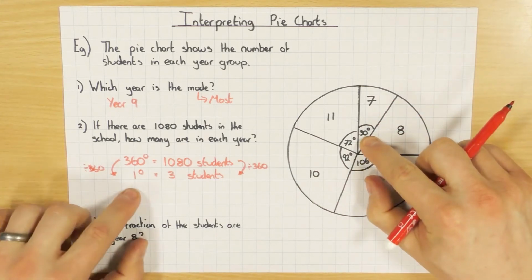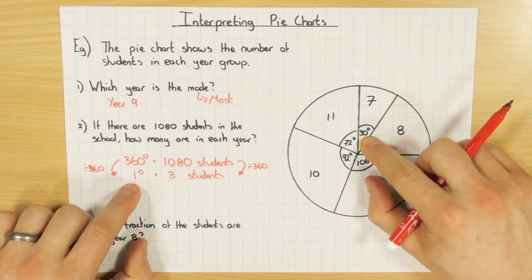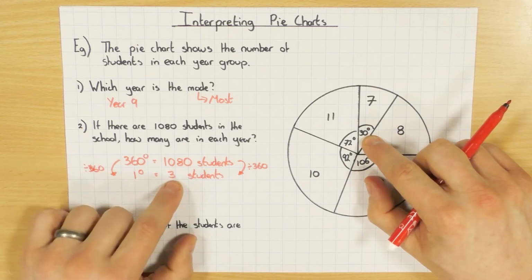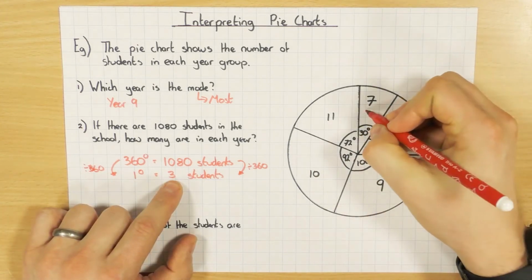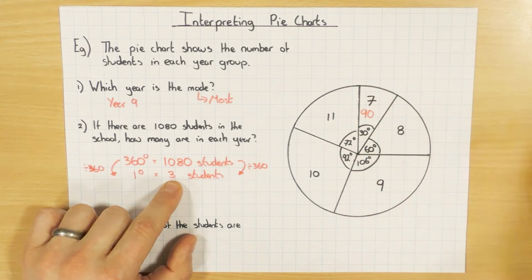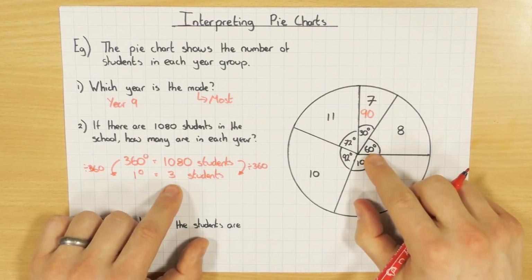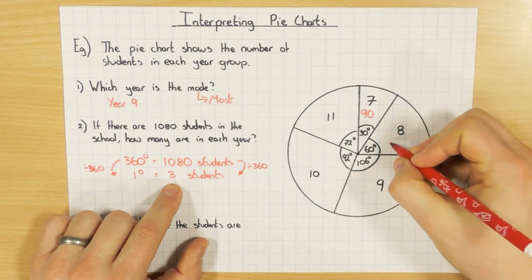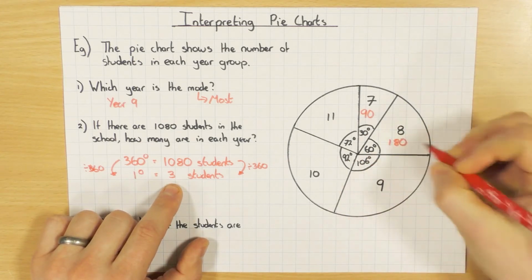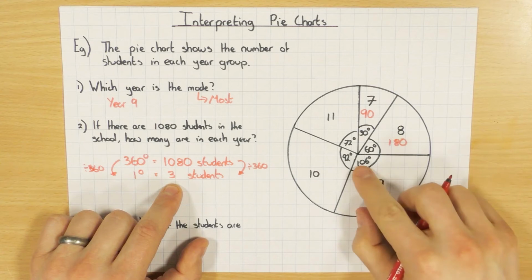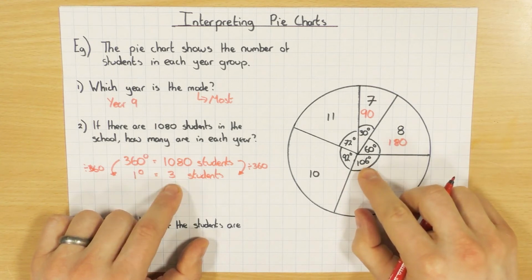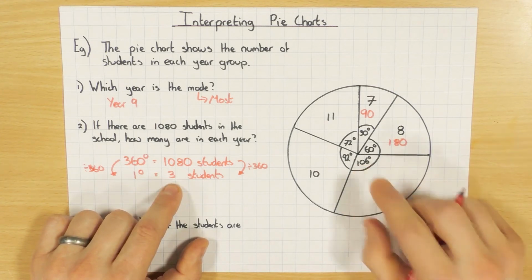So 30 degrees. 1 degree times by 30 gets me 30, so 3 students times by 30 means there must be 90 students in year 7. 60 degrees, so 60 times 3 gets me 180 students in year 8. 106 degrees times by 3, or 106 times 3.